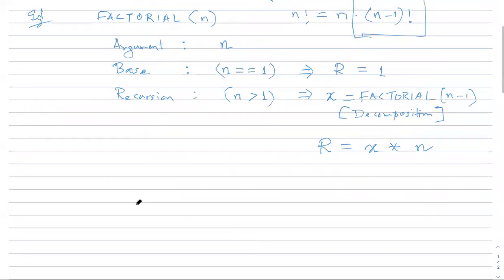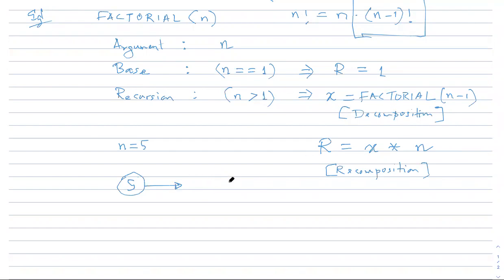If you want to see this in action, suppose n equal to 5. You start with 5, and you check that 5 is greater than 1. So what you're doing is decomposing. And this is essentially the recomposition step.